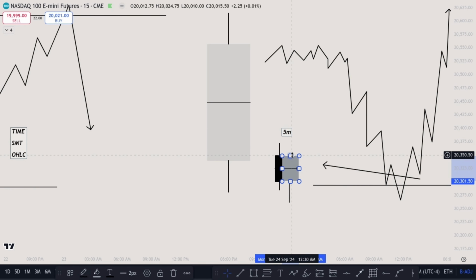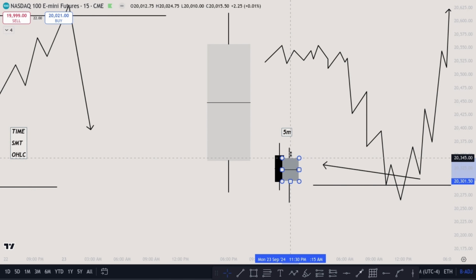Now, the most important thing that you want to look at for you to take entries is to wait for the OTE of that candle. Not a lot of people know about this, but let's say we have a bullish candle like this.